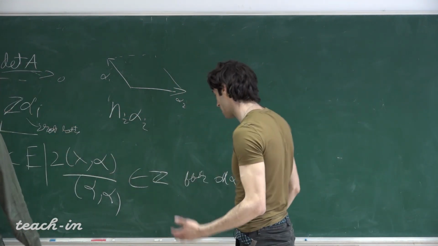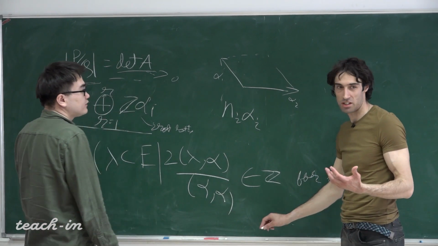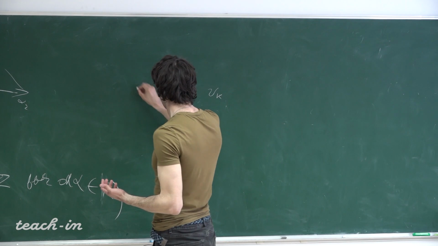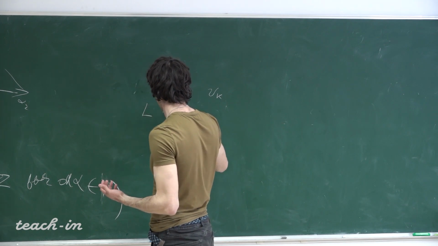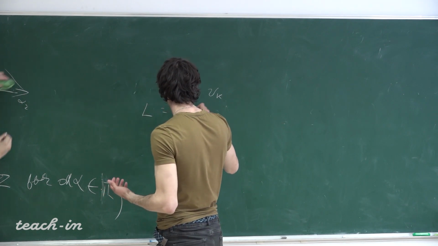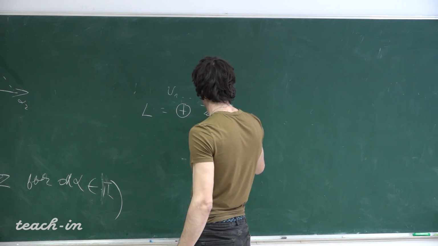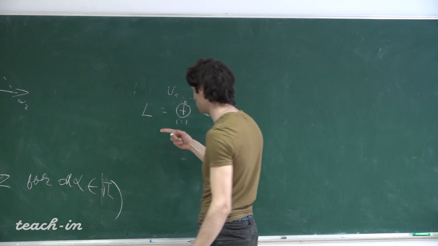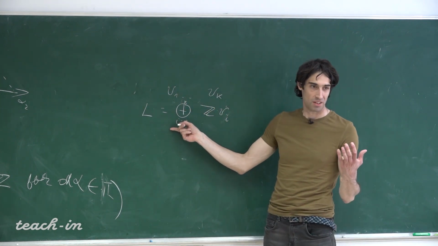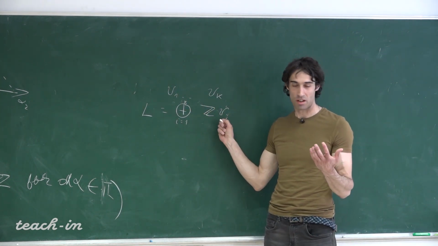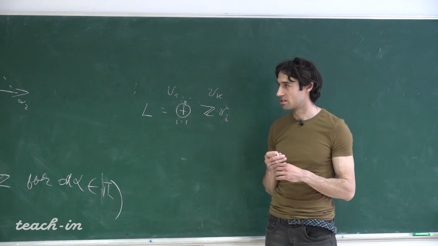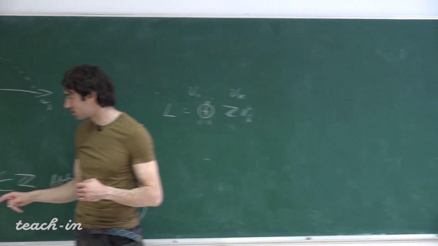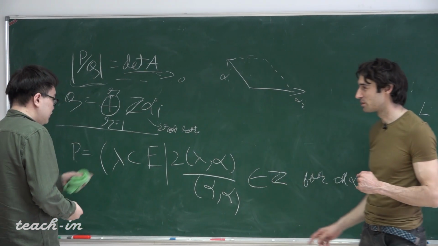Yes. If I have a lattice with a basis consisting of vectors v1 through vk, then this lattice L is the direct sum of Z times vi as i runs from 1 to k. By definition, this is what it means to have a lattice with such a basis. That's why it's called the root lattice.